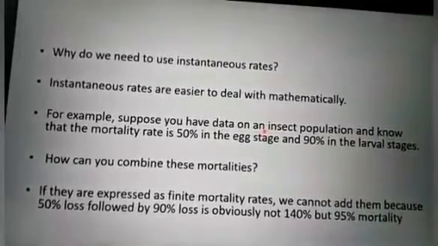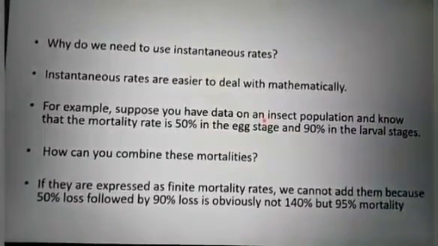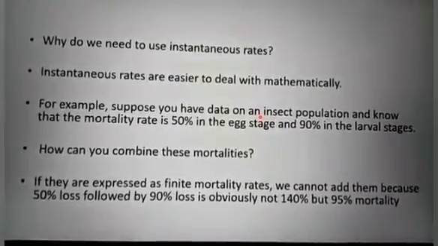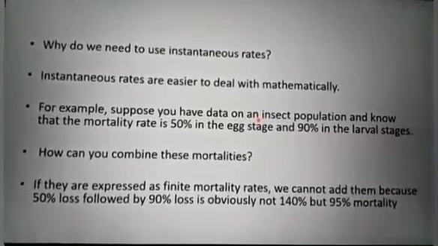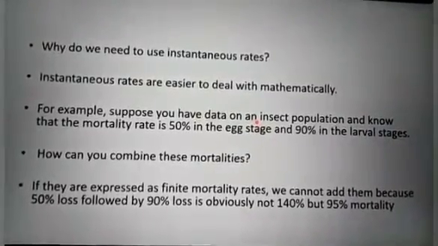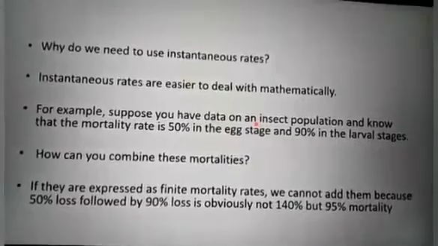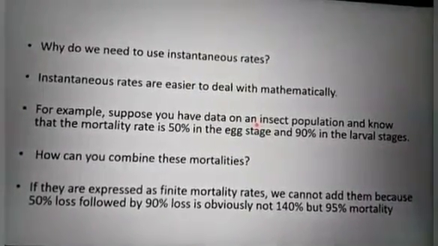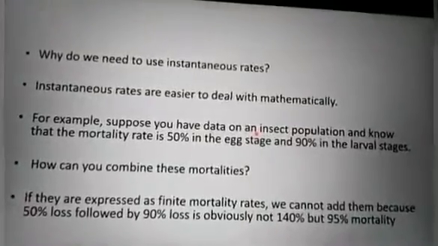How can you combine these mortalities? If they are expressed as finite mortality rates, we cannot add them because 50% loss plus 90% loss is obviously not 140% but a 95% mortality rate.